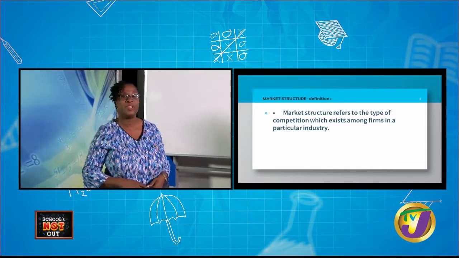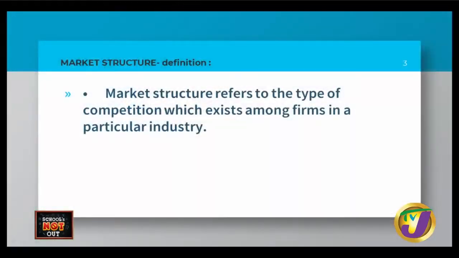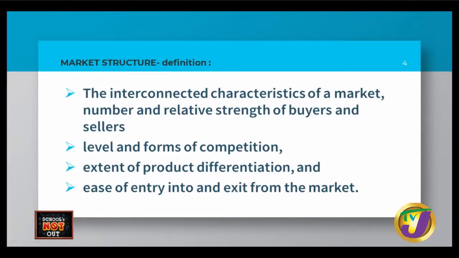So for our definition, a market structure is looking at the type of competition which exists among firms in a particular industry. It also speaks to the number of buyers and sellers in that market, the level and form of competition, product differentiation, and the ease of entry and exit from that market.